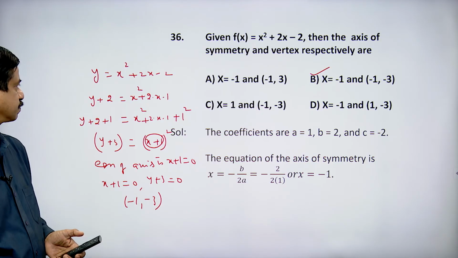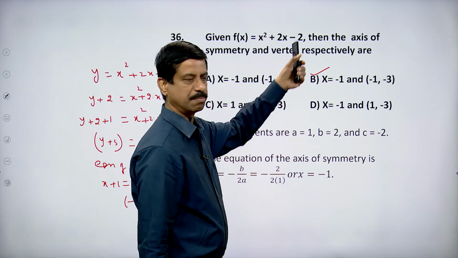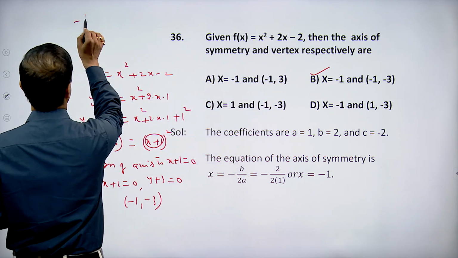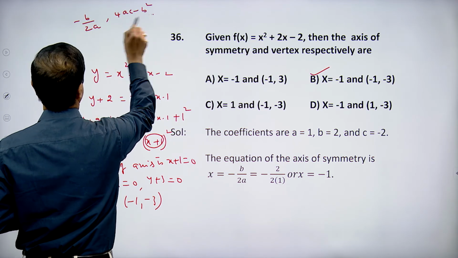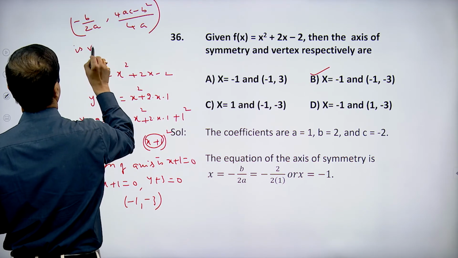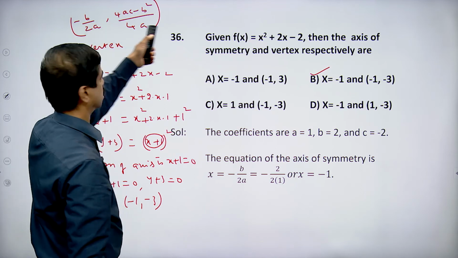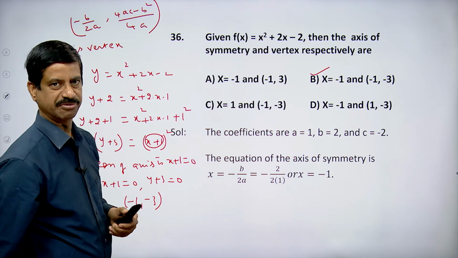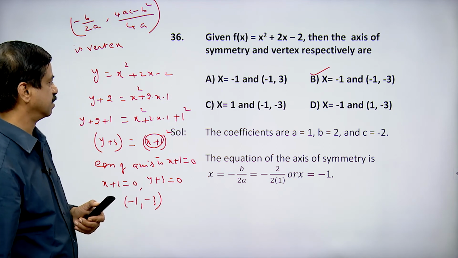Quick children. Or otherwise you can also get the vertex by taking minus b by 2a comma 4ac minus b square by 4a. This is also the vertex. Either this logic you can use or this logic you can use. Any of the logics are fine, but ultimately the solution should be correct. Okay, please note it fast, quick.